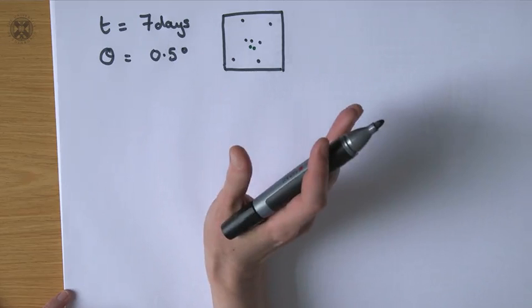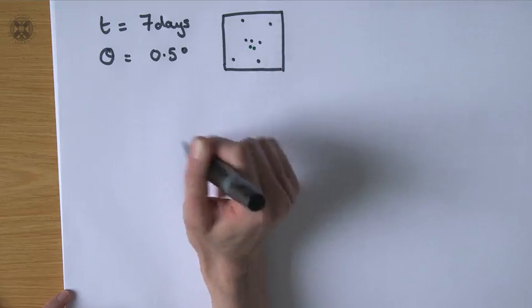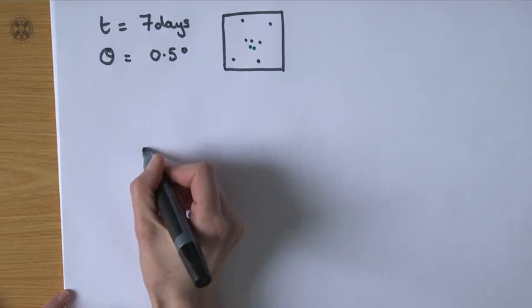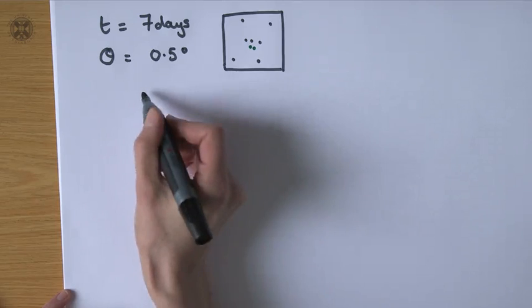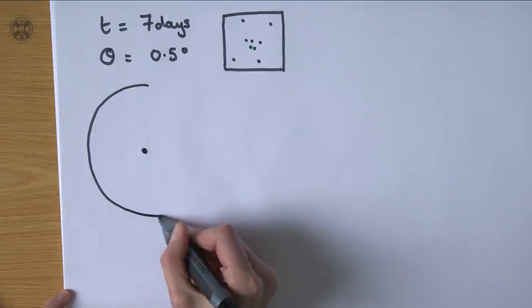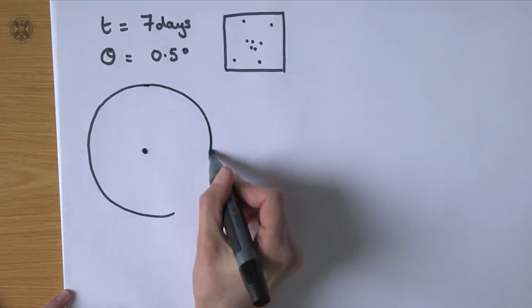So how long is it going to take it to complete a full orbit around planet Earth? Well, in physics, we always start off with the simplest model, and the simplest model is to assume that the asteroid is orbiting planet Earth in a perfect circle.